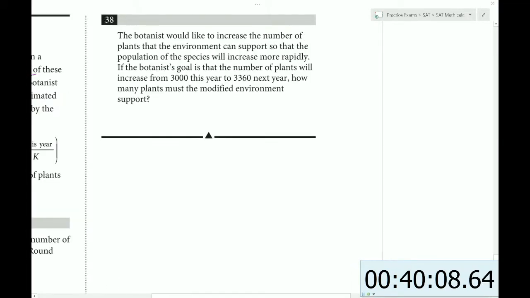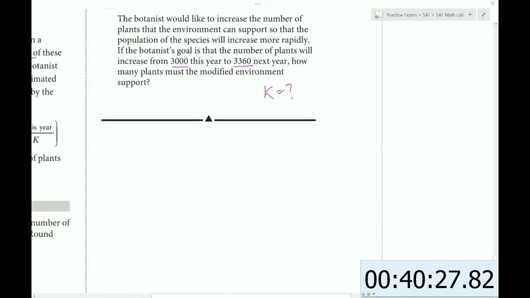All right. The botanist would like to increase the number of plants the environment can support so that the population will increase more rapidly. If the botanist's goal is that the number of plants will increase from 3,000 this year to 3,360 next year, how many plants must the modified environment support? So this time we're solving for K, the amount that can be supported.